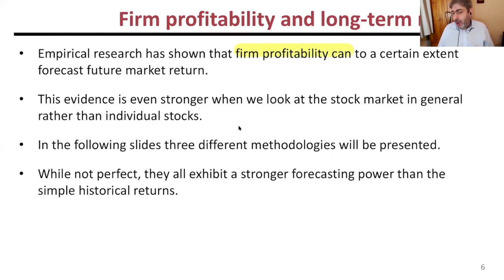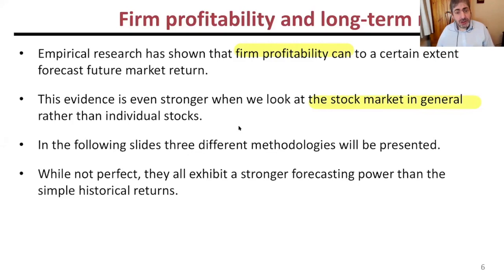Now, all these models that we have to forecast stock returns work even better if, instead of looking at an individual stock, we look at the stock market in general. It's easier to apply models to the stock market in general, because in individual companies a lot of stuff can change idiosyncratically.